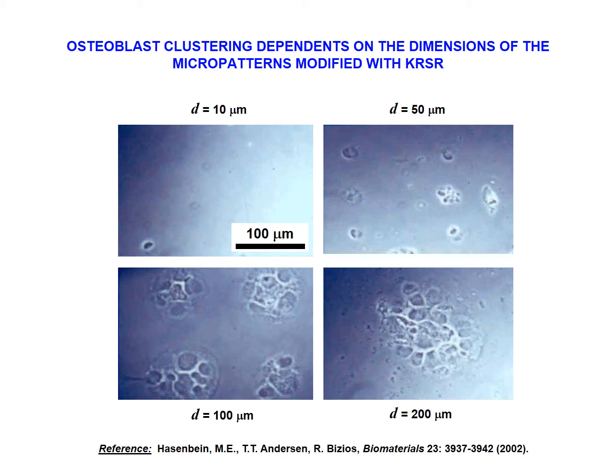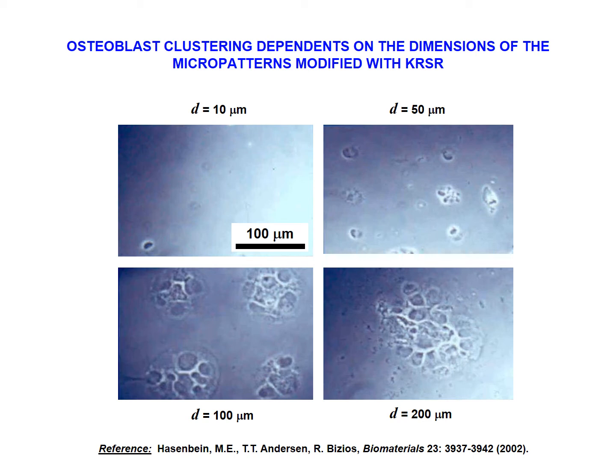There is one down here almost on the extreme bottom left-hand side. This study proved that we need to have a particular size of the total area which is modified for the cells to adhere.